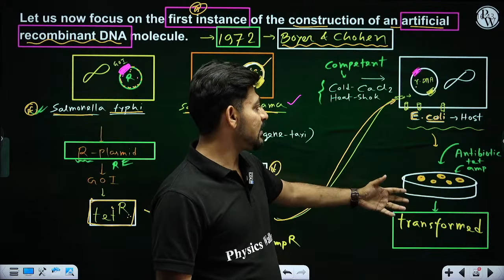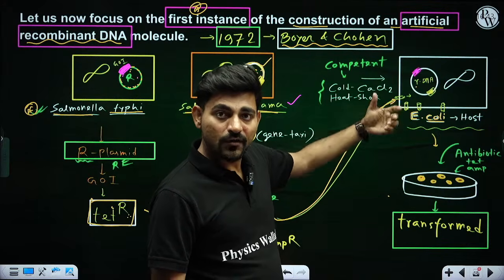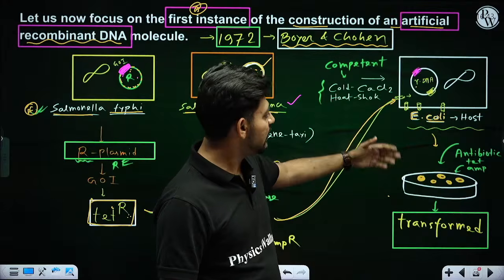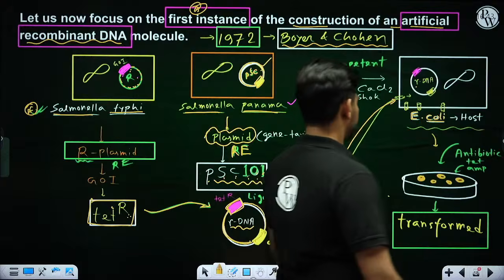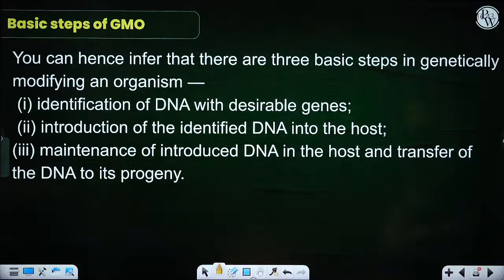Then we say that the host is transformed by the presence of recombinant DNA. Okay.